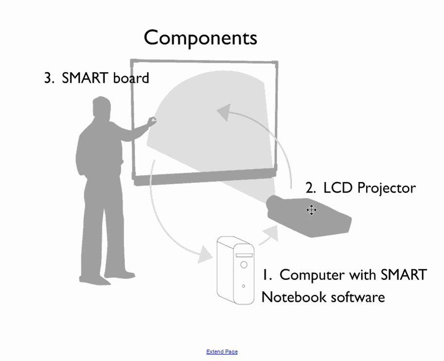So then this projects onto something, and in this case, it's a smartboard. So the video is coming from the projector. In most cases, it's coming from the ceiling, with a ceiling mounted projector, and then some classrooms have a projector that's just hanging out from the top of the board.